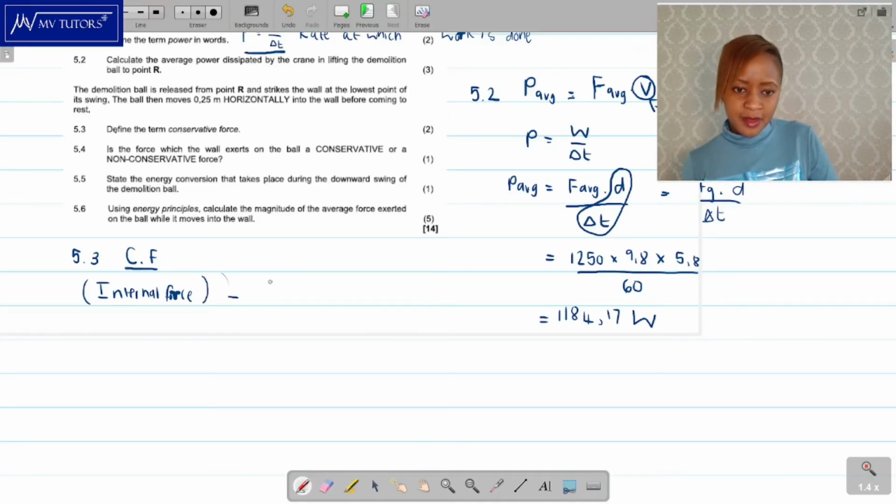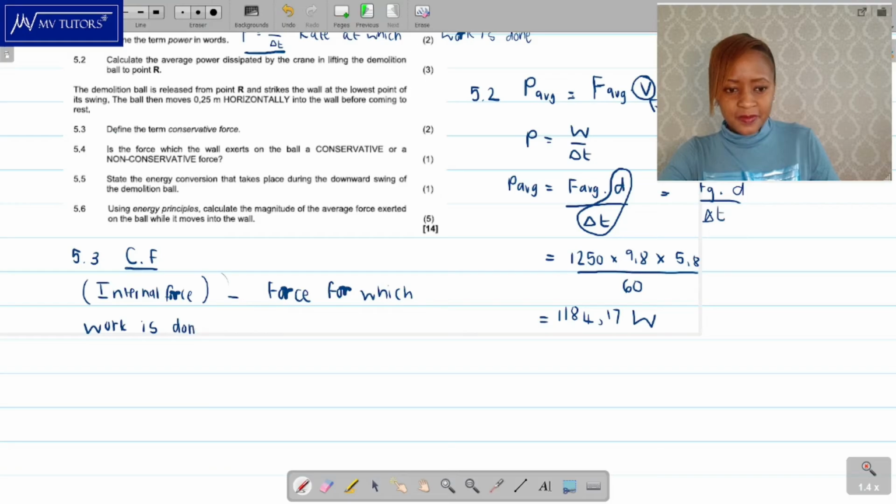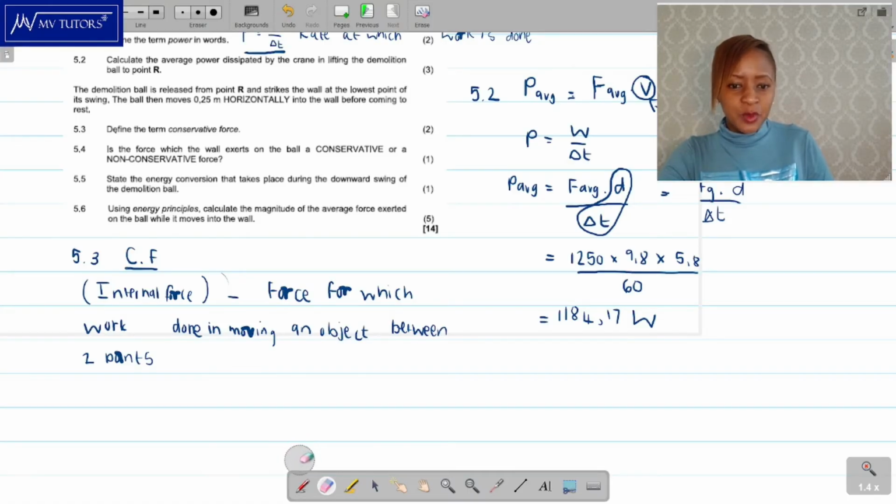It's actually the force for which work done in moving an object between 2 points is independent of the path taken.